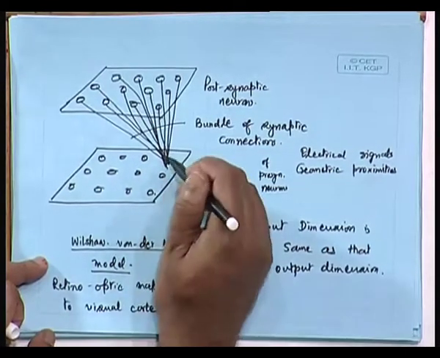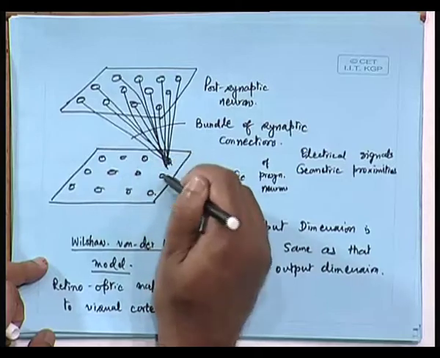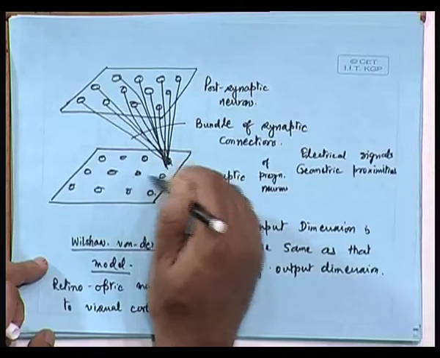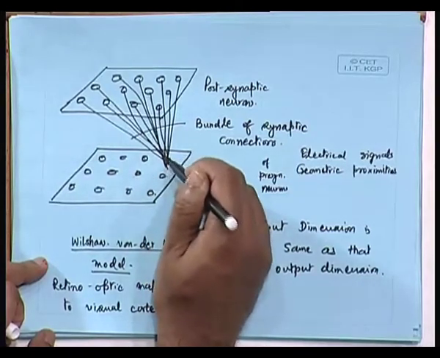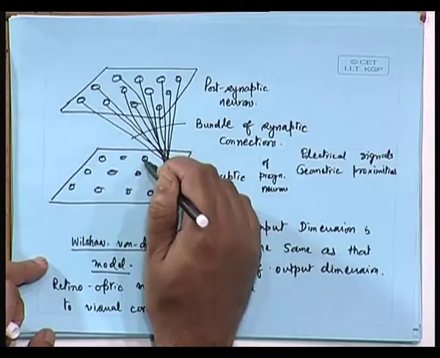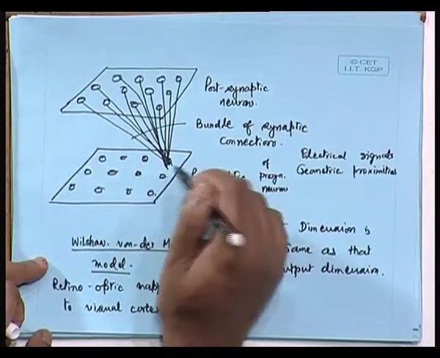in the sense that the electrical responses that will emerge from this will be somewhat similar to this. I mean, it will not be absolutely uncorrelated, they are highly correlated.